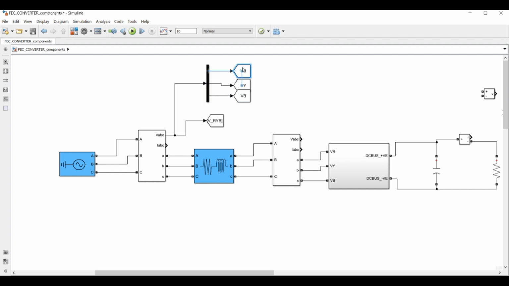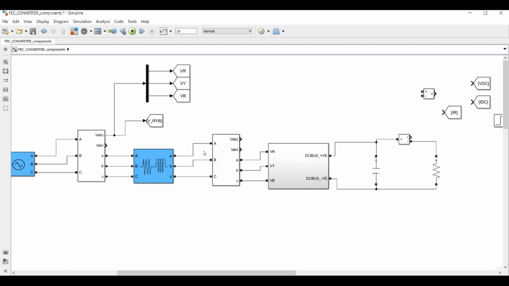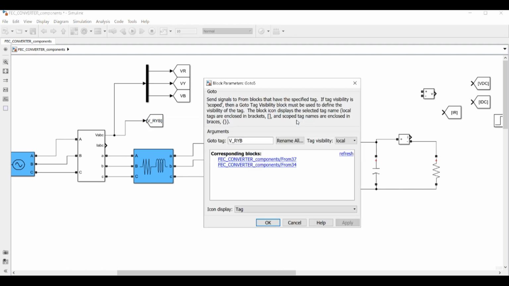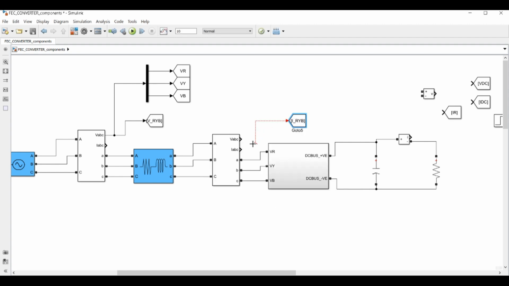Make it a little longer. VRYB. Similarly, from here we will be measuring the current. This is IRYB, and we will place it over here.